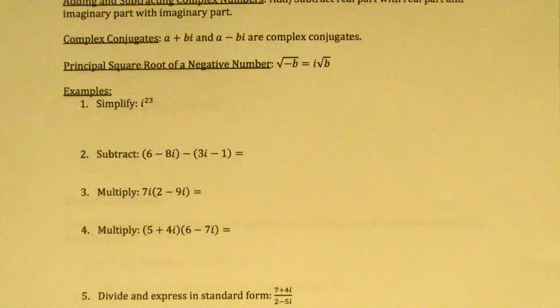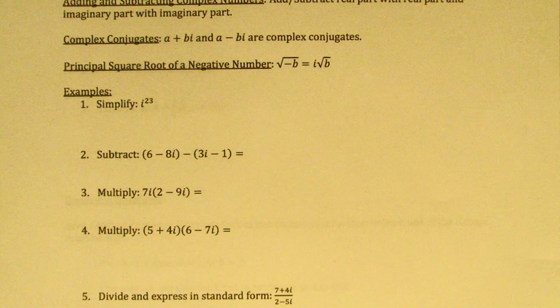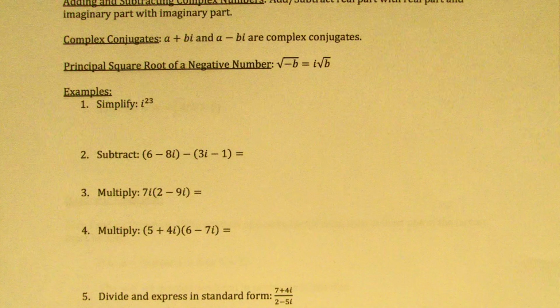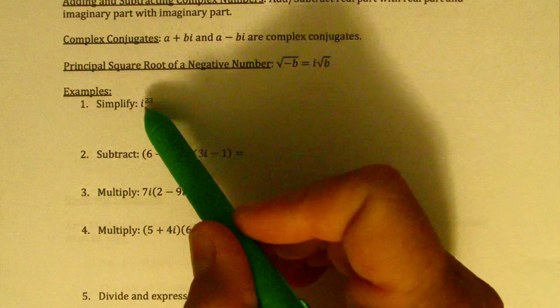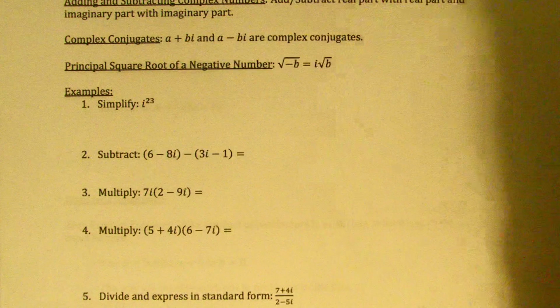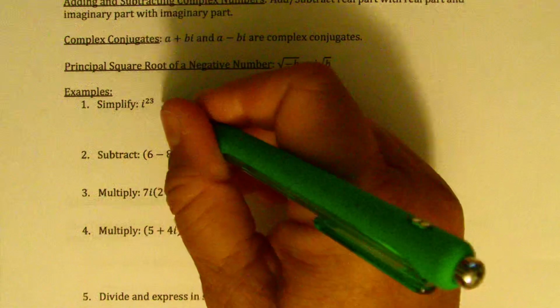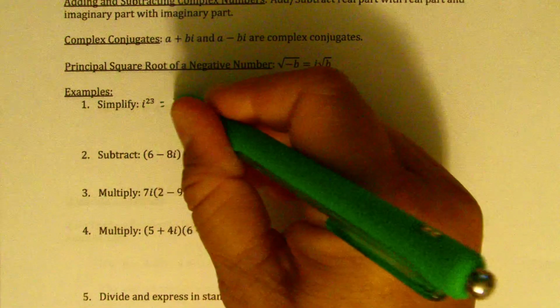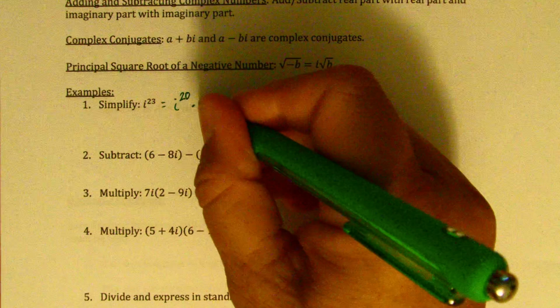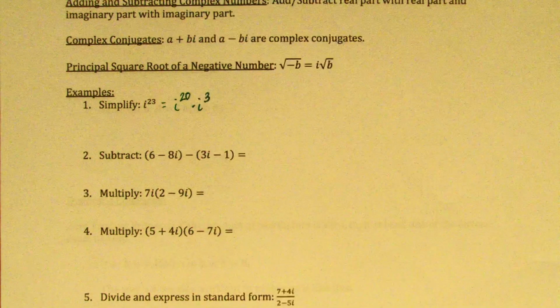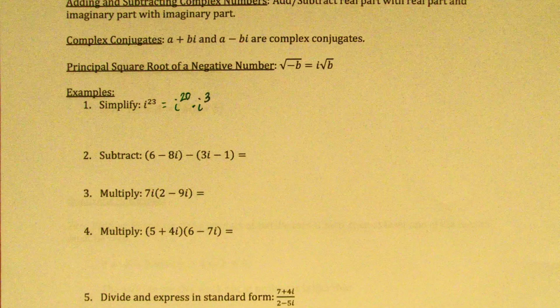If I have i to the 23rd power, we want to think, what is the largest number below 23 that's divisible by 4? Well, the largest number below 23 divisible by 4 is 20. So I could rewrite this as i to the 20th power times i to the 3rd power using our exponent rules.